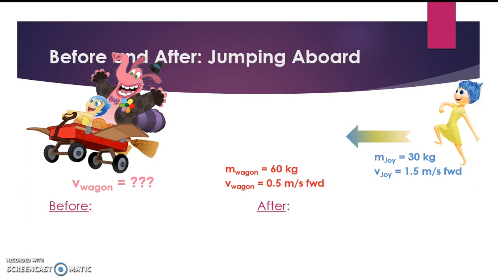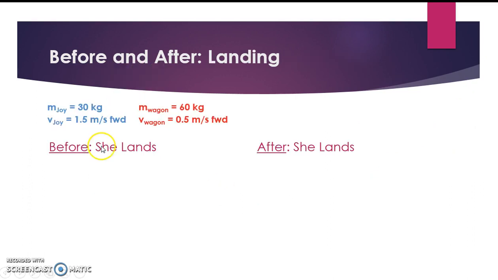Well, all right then. Before she lands and after she lands. Notice that before she jumps and after she jumps is not quite as useful. After she jumps, she's in the air and the wagon's minding its own business. But after she lands on the wagon, she's adding extra weight.